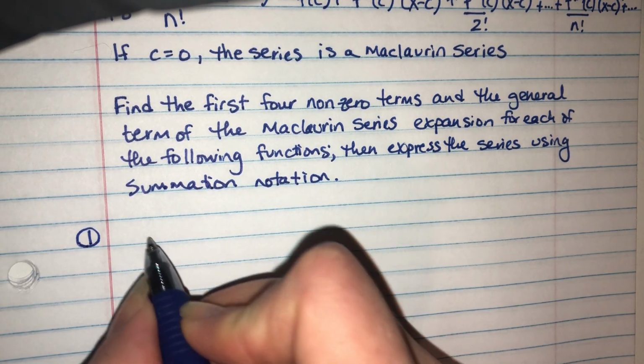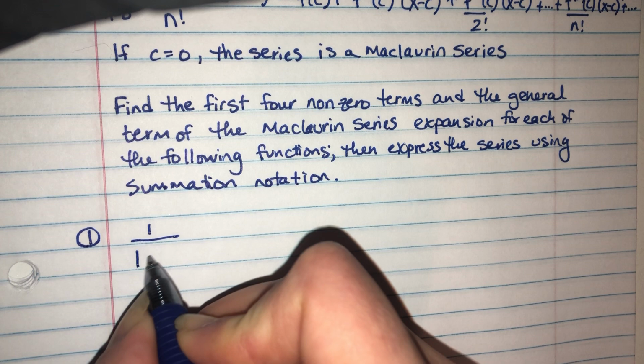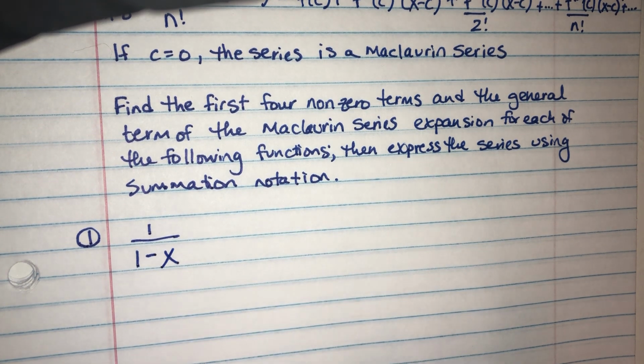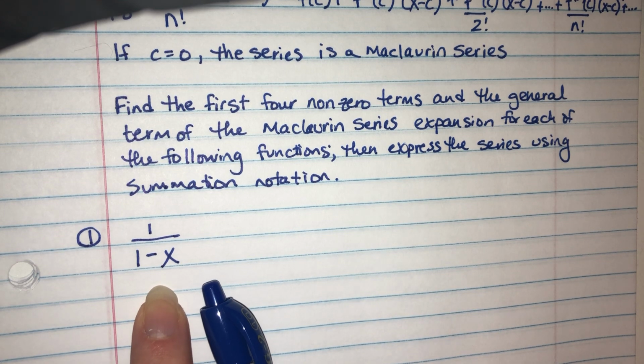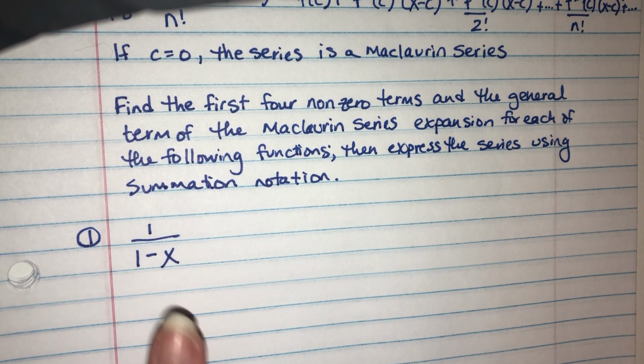It is 1 over 1 minus x. So we're going to write out the first 4 non-zero terms and the general term of the Maclaurin series expansion for this function and express the series using summation notation.